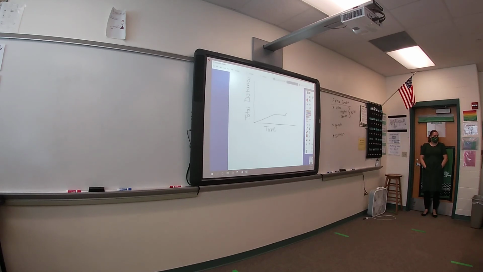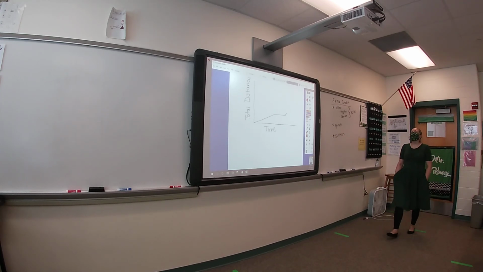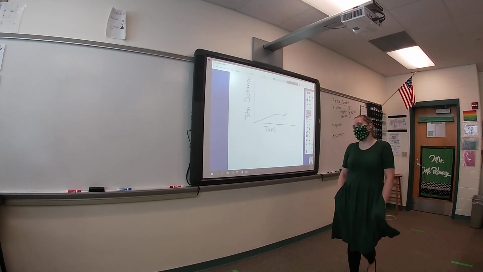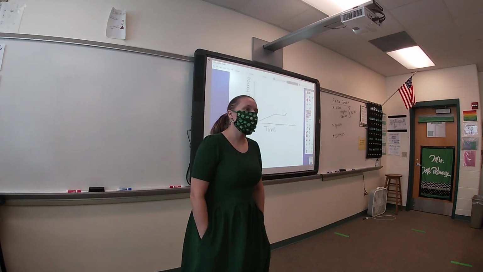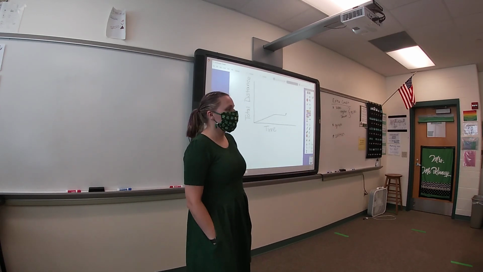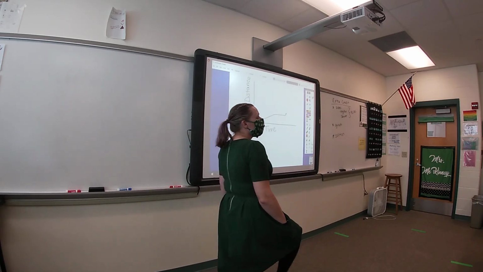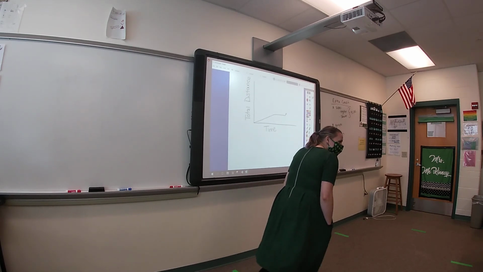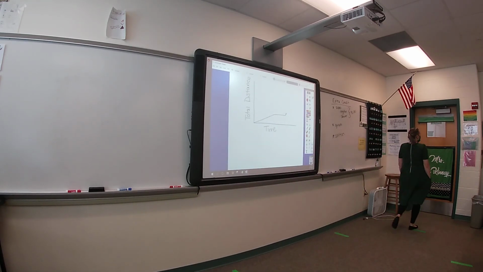Decrease. Increasing. Distance is increasing. You can't decrease on this graph. Why? Because it's total distance and you keep on moving, it doesn't matter which direction. Total distance. I have walked 1, 2, 3, 4, 5, 6, 7, 8, 9, 10, 11, 12, 13, 14.